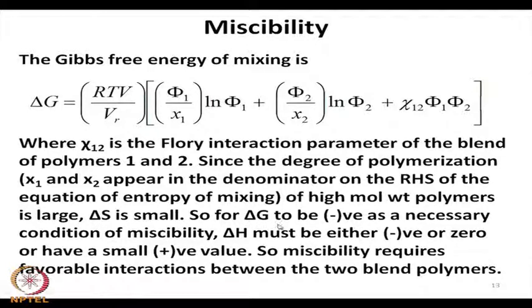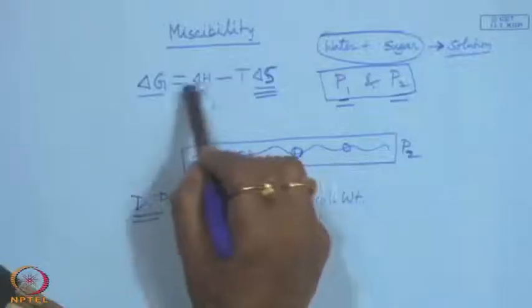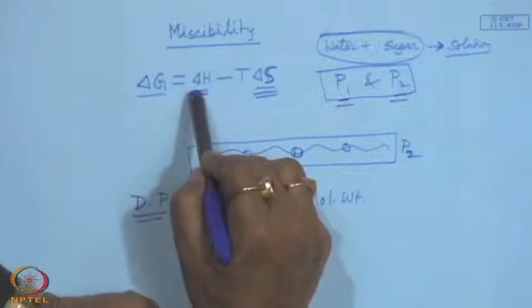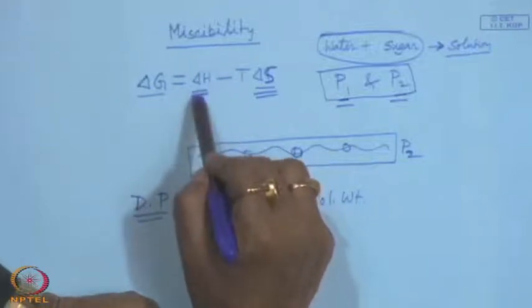So, in order to get delta G to be negative as a necessary condition of miscibility, there is no other option but to have this delta G negative or 0, or a very small positive value. Even if it is positive, that should be very small.